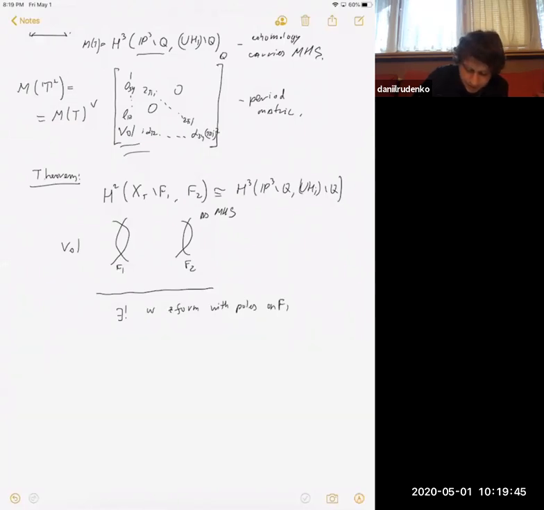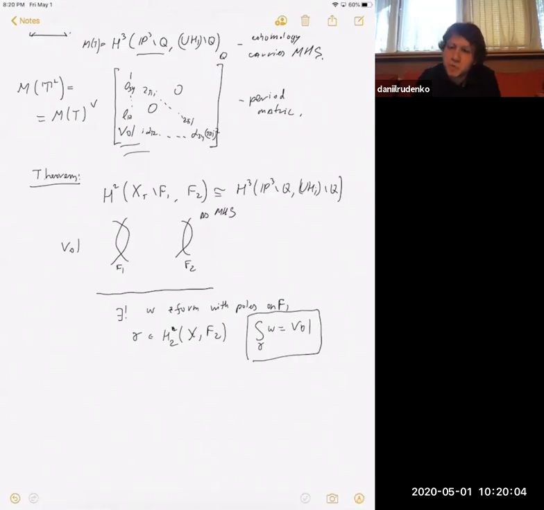And then there exists some gamma inside H2 of X relative to F2, so that the integral over gamma of omega equals the volume. And one can use it to compute volume. And for that, one basically can compute volume integrating over fibers of this map to P1, which I mentioned before.